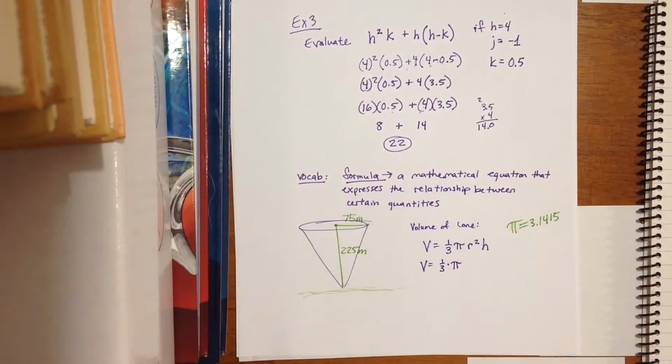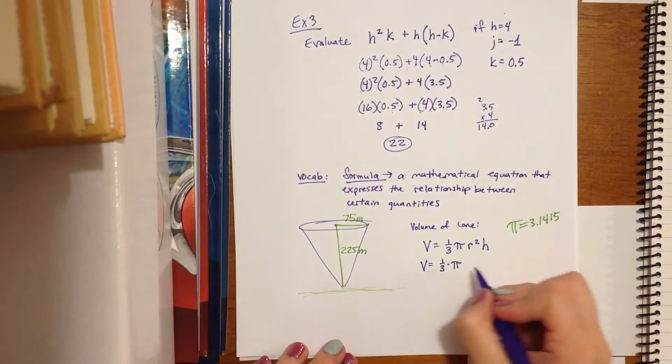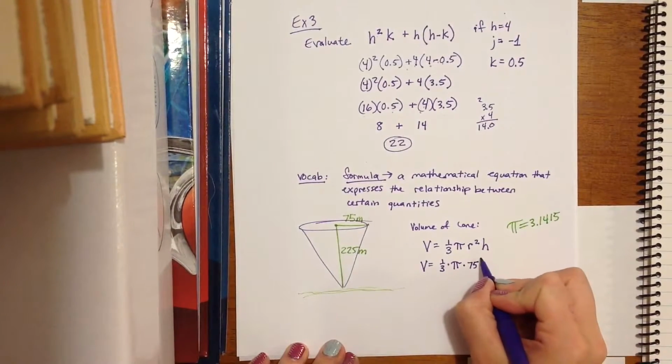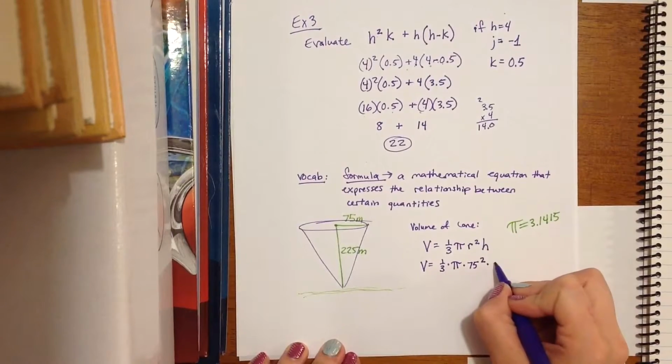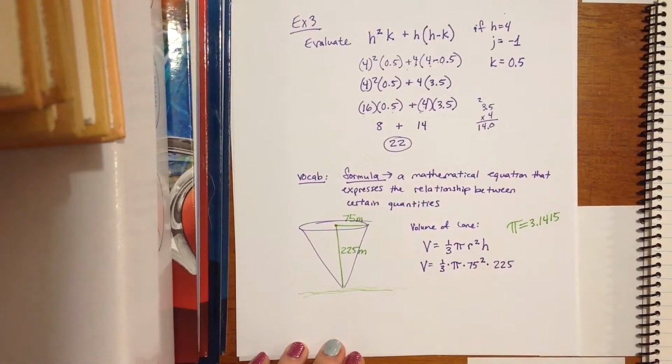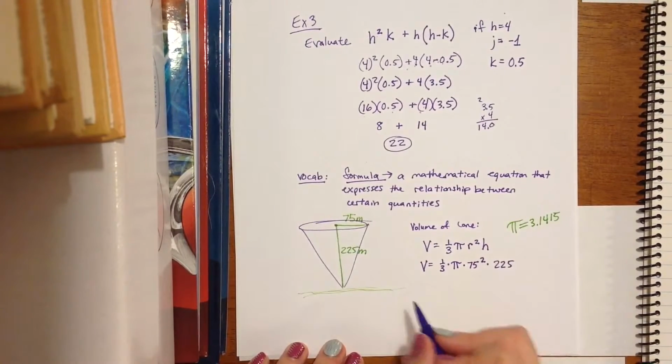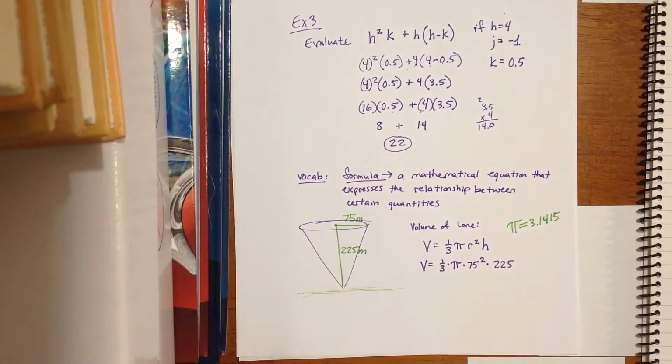If you want to go fancier, you can keep going. The radius is 75. I'm squaring that. The height is 225. When you multiply all of that into your calculator, and I would recommend using parentheses if you're typing in 1/3, 1 divided by 3.